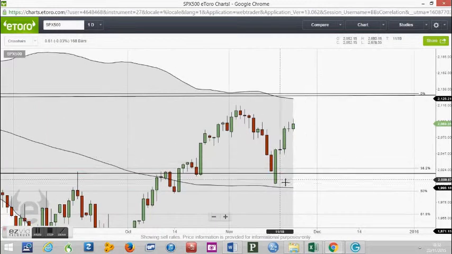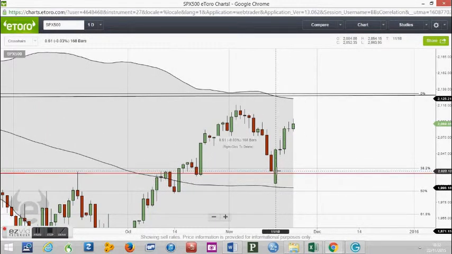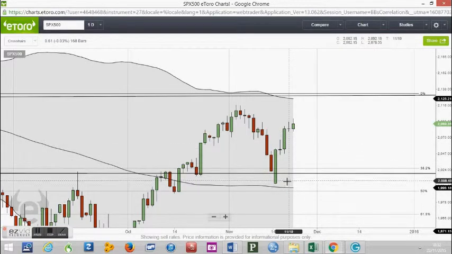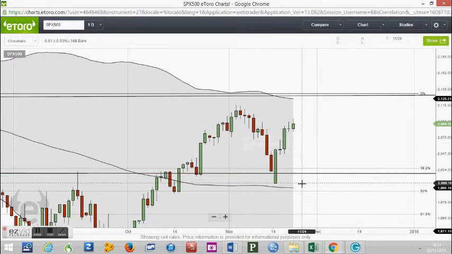And this was similar for indexes. So if we take a look at the S&P 500, for instance, this is the daily chart. As you can see, we opened a lot lower. People were scared, flight to safety into the gold. But look, incredibly strong back up.